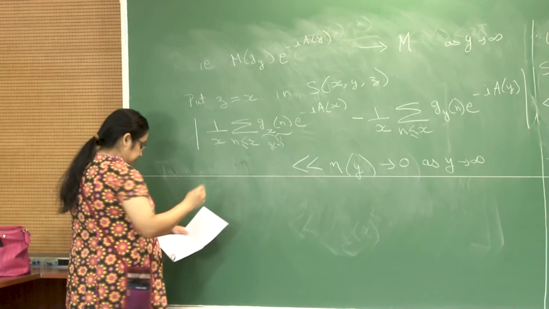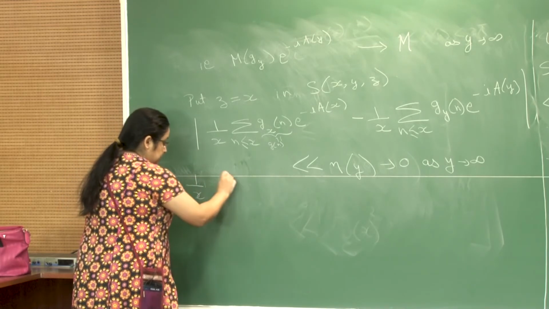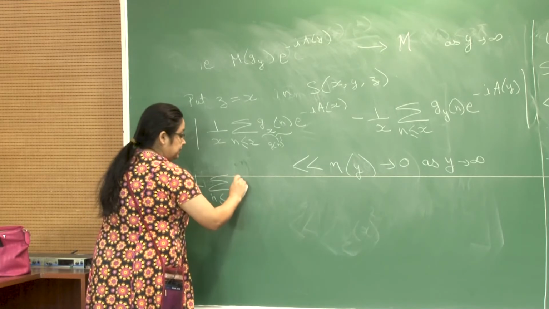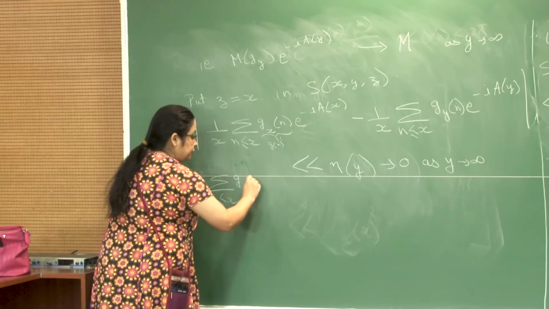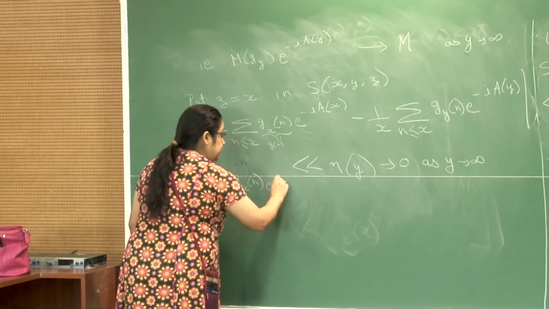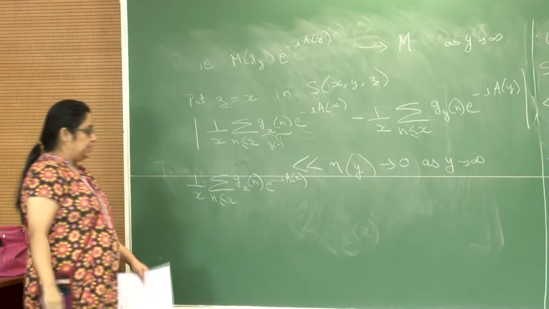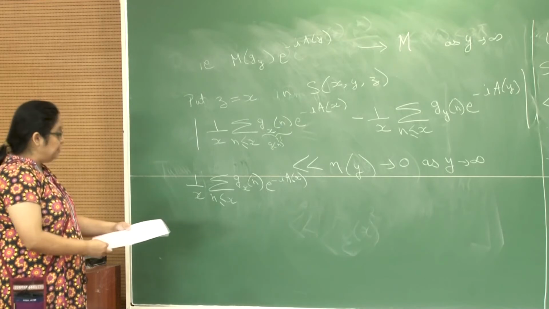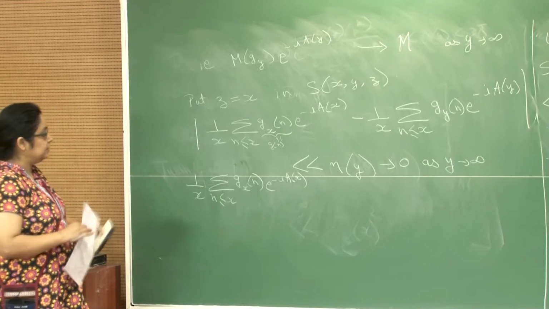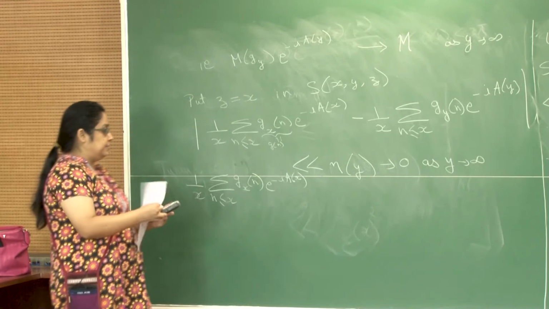So let us take this sum, 1 over x summation n less than or equal to x, g sub x of n times e raised to the minus i a of x. Okay, what do we know about this? From our previous considerations, this can be written in terms of m of g sub x and an error term.